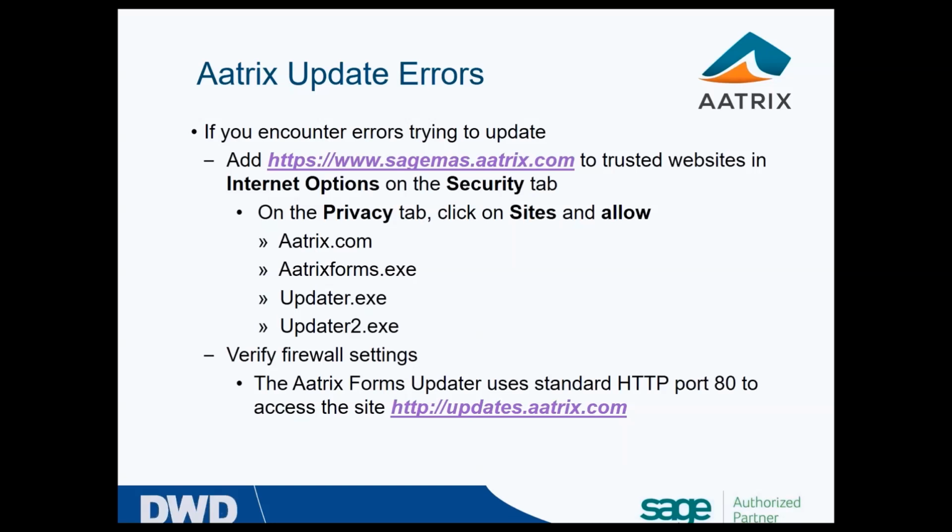A lot of this has to do with your internet options and security settings, and there are a couple of things here that I want you to make note of. When you change these settings, do this in Internet Explorer. That is the browser that is integrated with Sage 100. I know a lot of us tend to use Chrome or Firefox, but if you're going to make these changes in your trusted sites, do that in Internet Explorer.